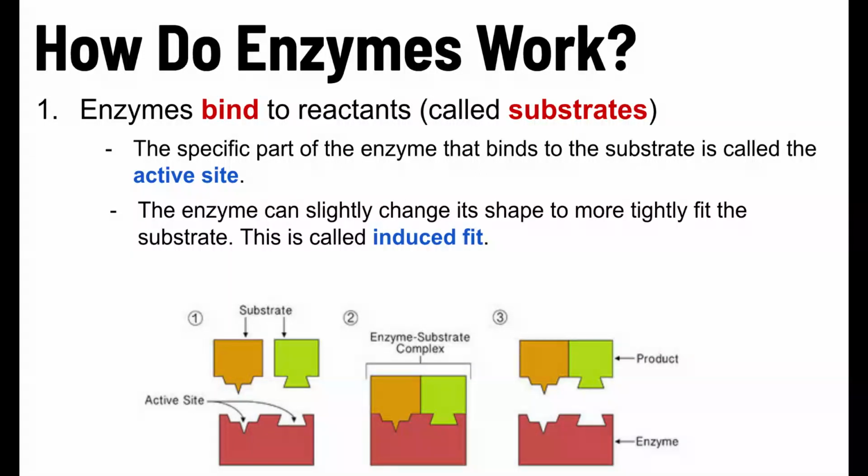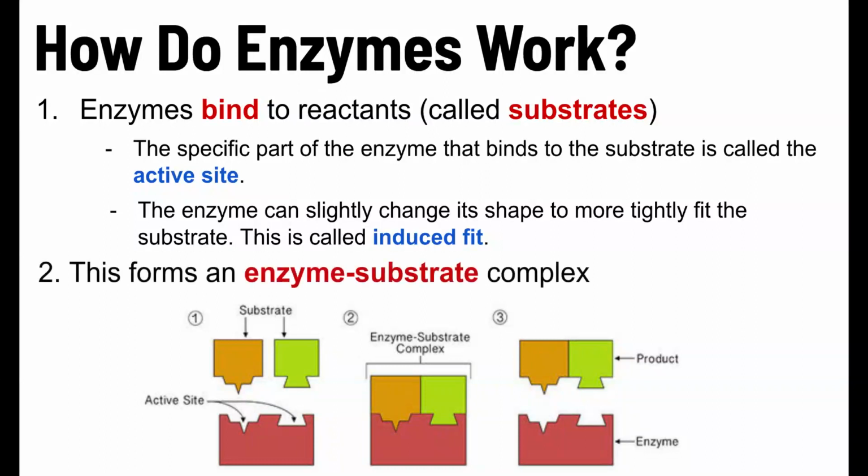Now, the enzyme can slightly change its shape to more tightly fit the substrate, and this is called induced fit. The second step is the enzyme has formed an enzyme substrate complex. So they're all kind of one unit now. They're all bound together.